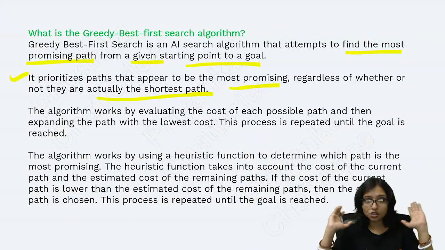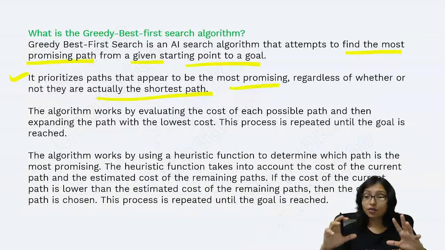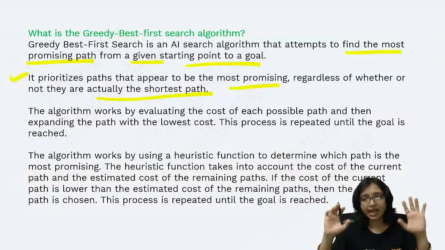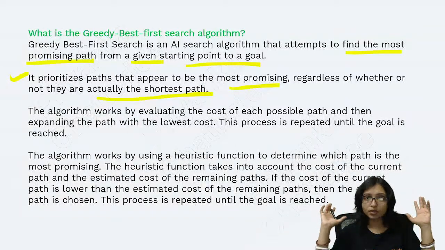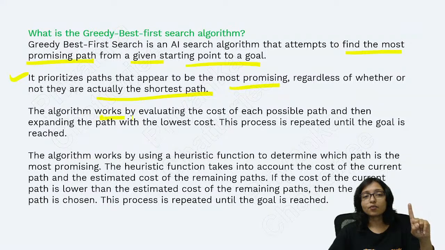It will search all the possible solutions, and out of them, the one which is minimized, that it will take. Out of them, which one is the best, the minimized one, that it is going to take. That is the main concept of greedy, and that's why it is called greedy. The algorithm works by evaluating the cost of each possible path, then expanding the path with the lowest cost.